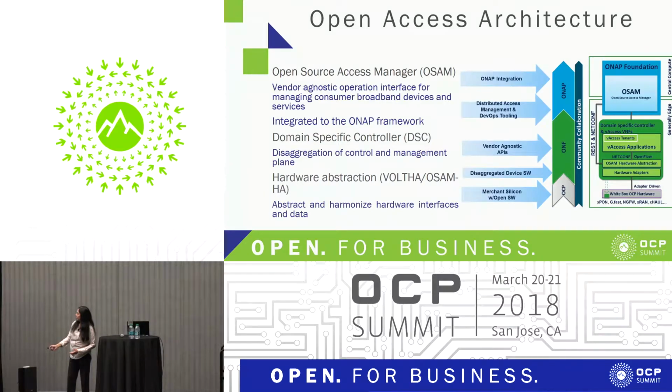And I'm going to start off with more of a view of the architecture. That will give a good perspective of what we do in OCP and how it fits into the implementation or the deployment at telcos. Starting from the bottom, if you look at the right side, the picture, that's the white box OCP hardware that we design at the OCP.